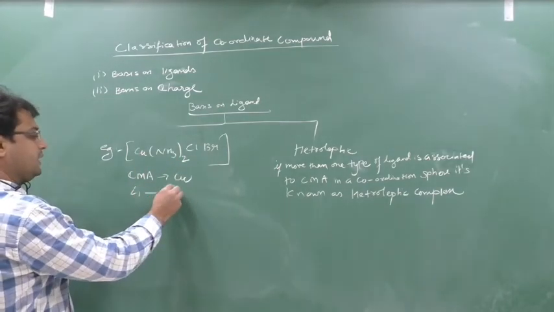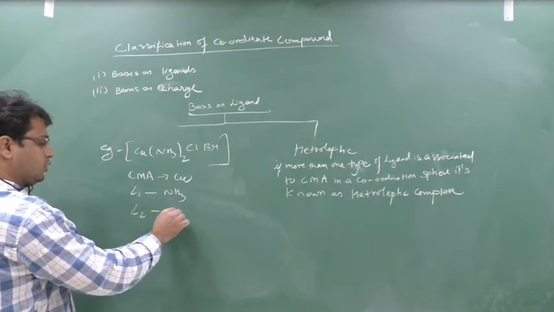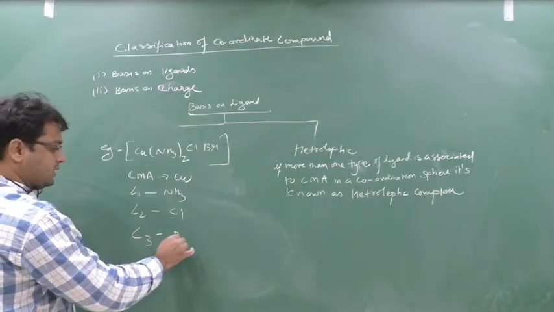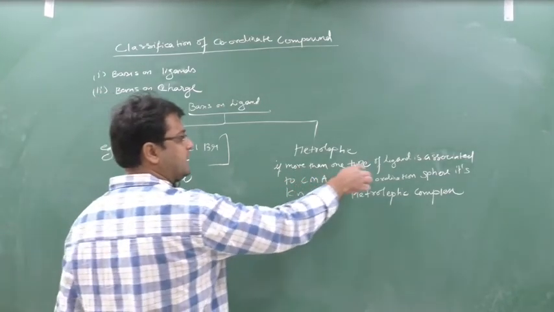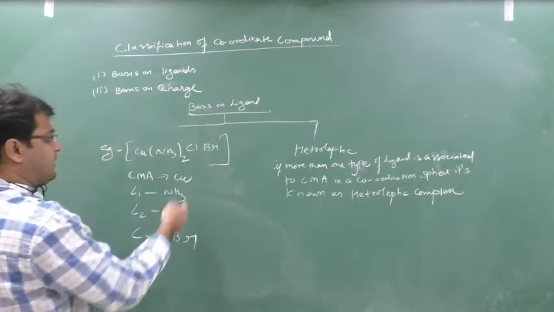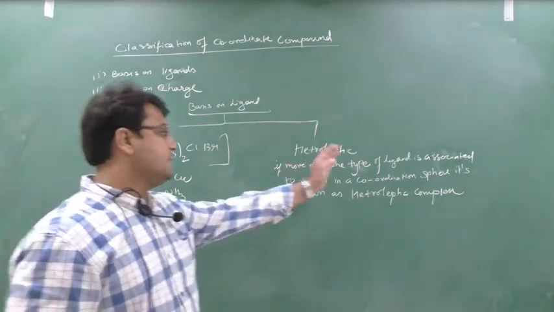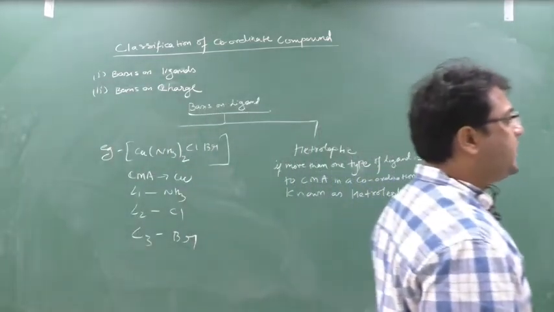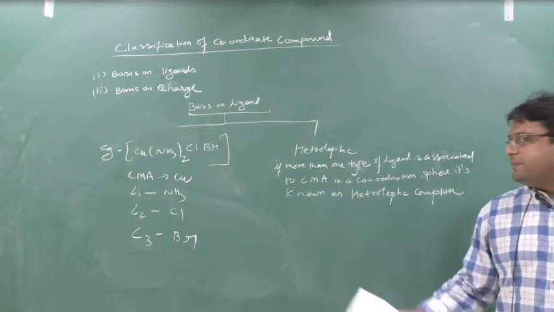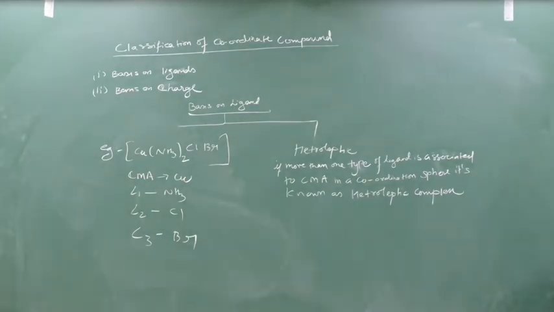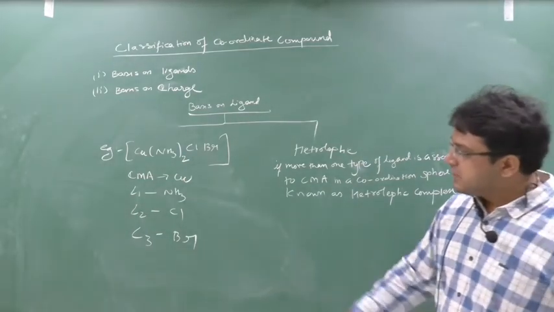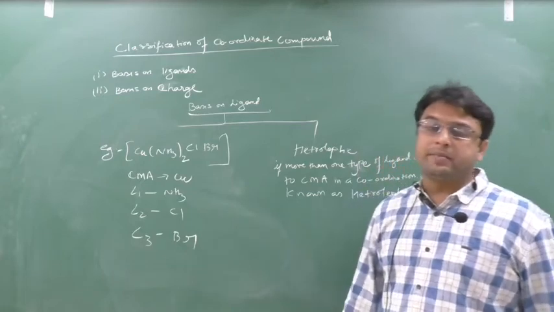Ligand 1 ammonia, ligand 2 chlorine, ligand 3 bromine. So if more than one type of ligand is associated to the central metal atom in the coordination sphere, it is known as a heteroleptic.